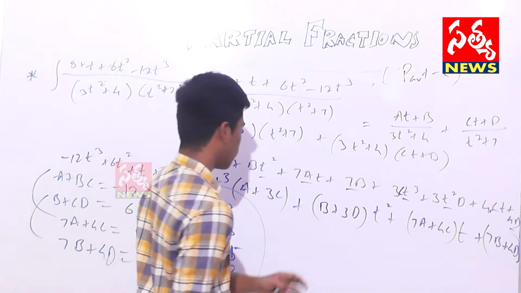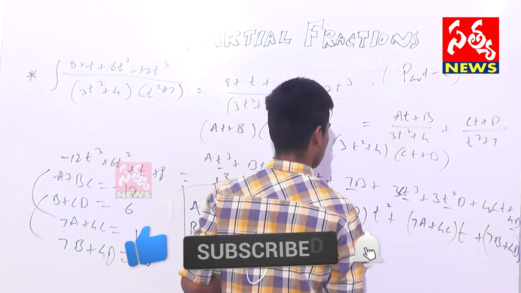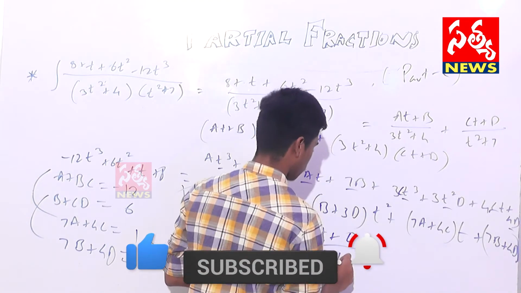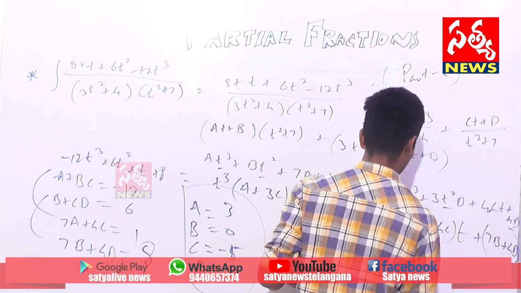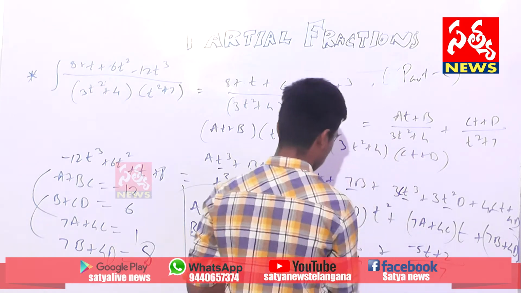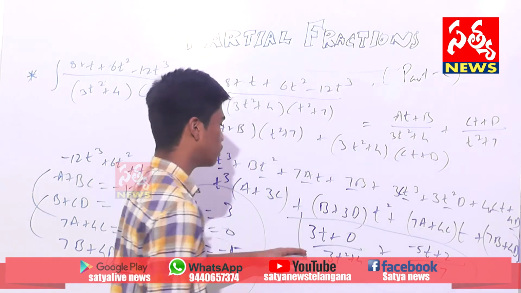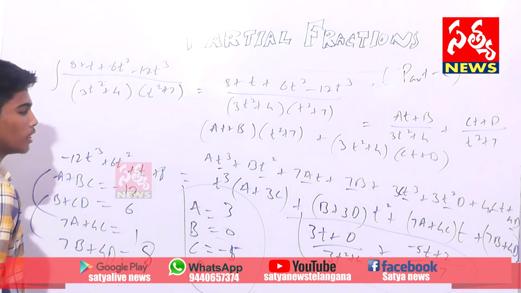Now directly put the values in the equation: 3t plus 0 by 3t square plus 4, plus minus 5t plus 2 by t square plus 7. So this is our equation. Afterwards come to the integration.